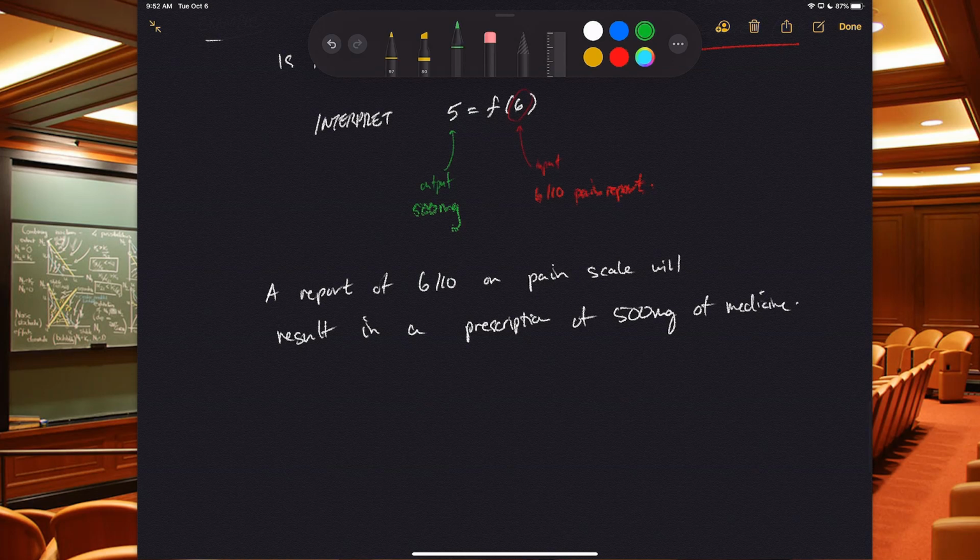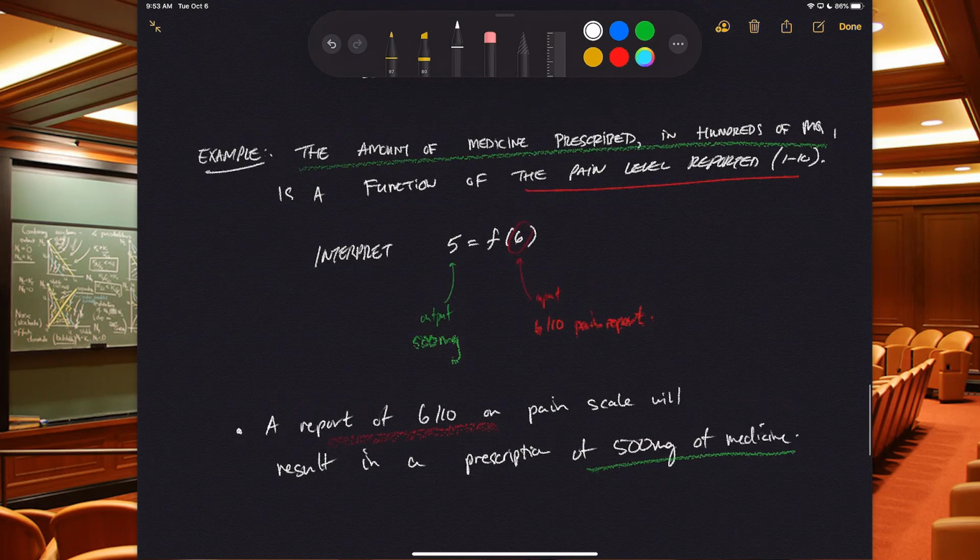Okay, so here is my output. Here is my input. But again, this part is really just about making a sentence that comes off naturally and is clear, right? Somebody who's not in our math course could understand this.